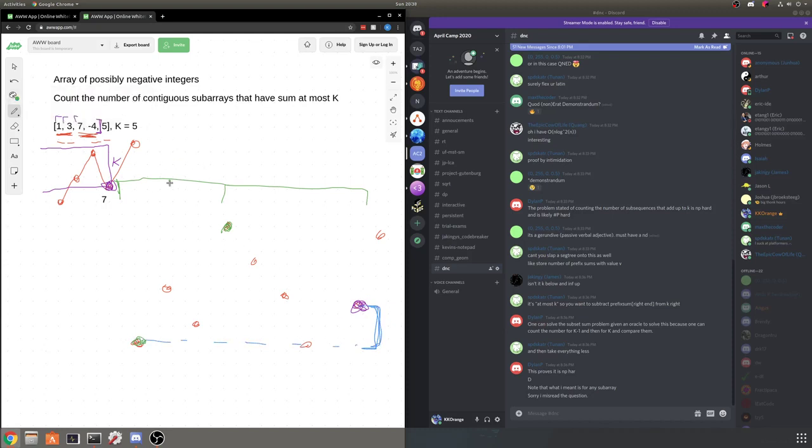Well, I guess this is actually the subarray ending here, because the way that prefix sums work is that it's inclusive of this end but exclusive of this end. But hopefully that kind of explains the idea. So if you want the sum to be at most k, then you want this distance to be at most k, and anything kind of above here is fine because this is where the sum is negative.